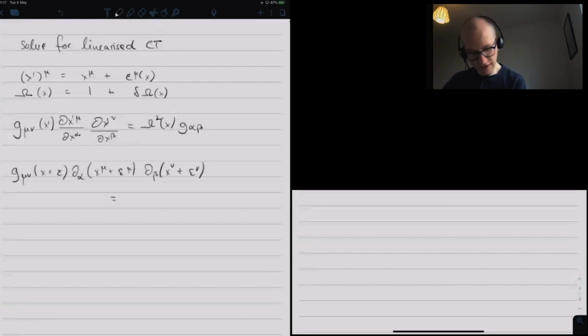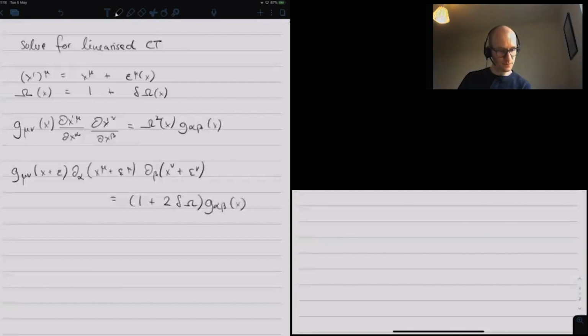And that better be equal to 1 plus 2 delta omega times g alpha beta of x. So, you just expand it to first order in epsilon and you equate terms.